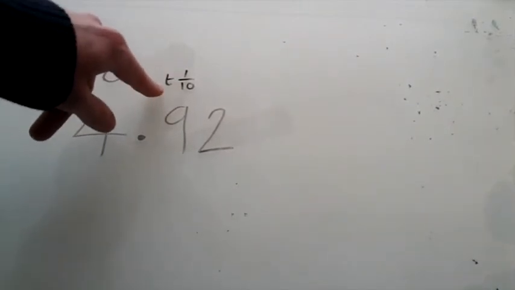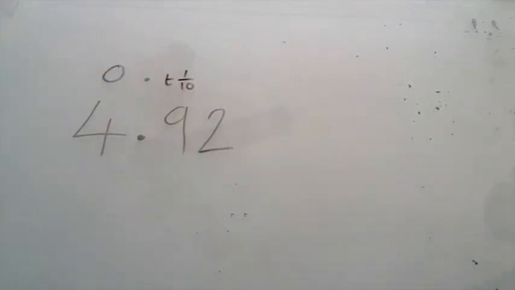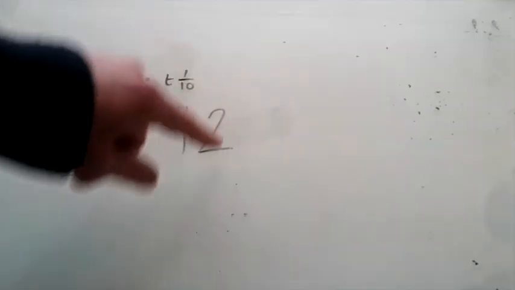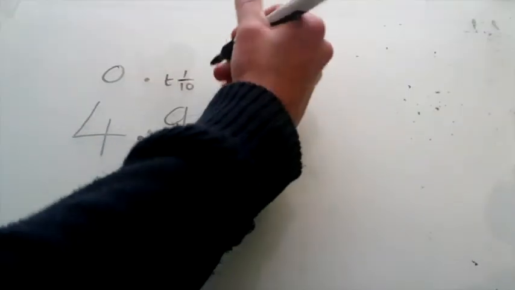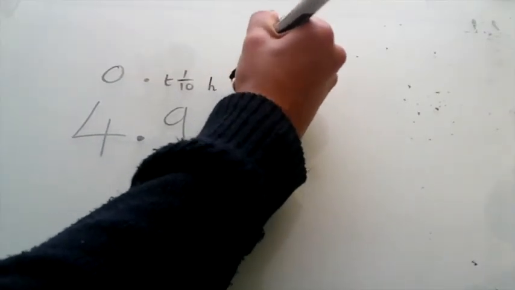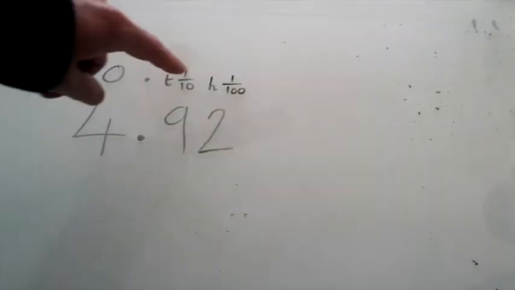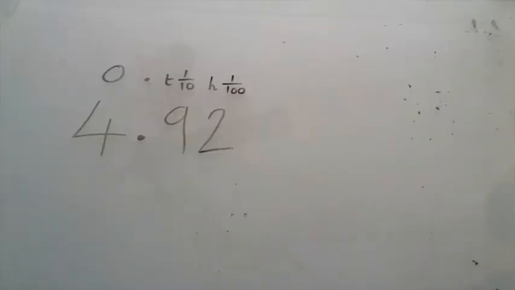So you either write it as a little t, a lowercase t, or 1/10. So if that's 1/10, we're then dividing by 10 again down to this number. So the 2 is actually in the hundredths column. So that can either be written as a little h, a lowercase h, or 1/100, because that's 1/100th.